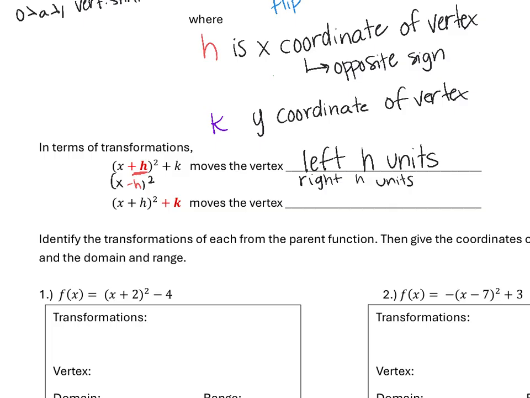Same thing with k, except k does exactly what it looks like it's going to do. So when we have plus k outside of those grouping symbols, it moves our graph, our vertex, up k units. And if it was minus k, it would move our graph down k units.